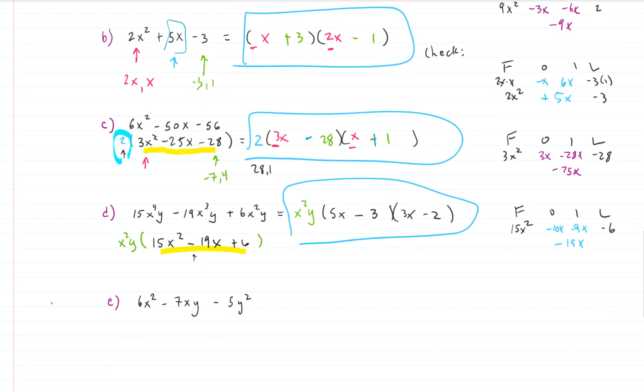Now our last one. Can you see anything common there between the terms? There's 6x squared minus 7xy minus 5y squared. There isn't a variable that's shared between all of those, and there isn't a number that's common. So we can't pull anything out. Let's just start.